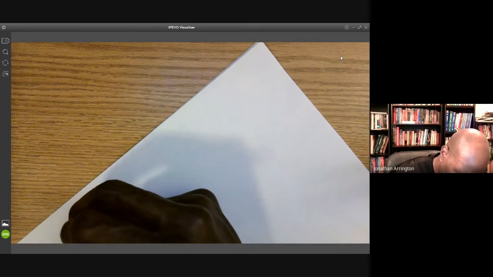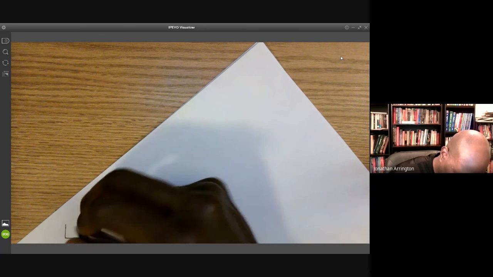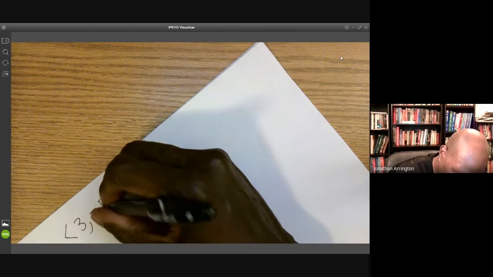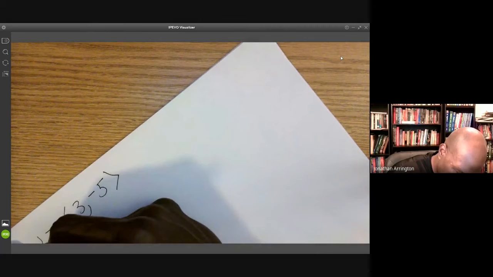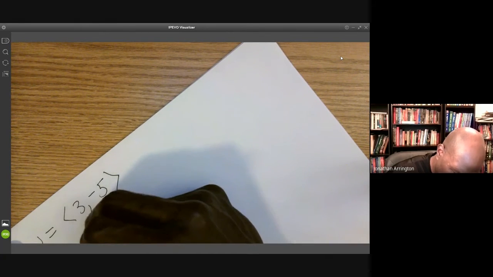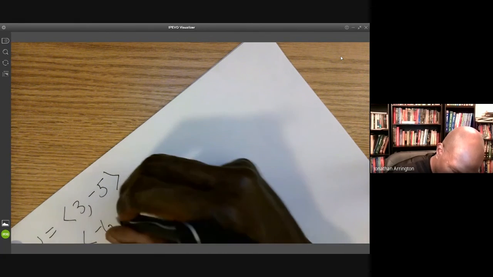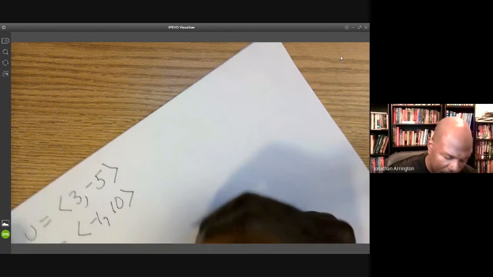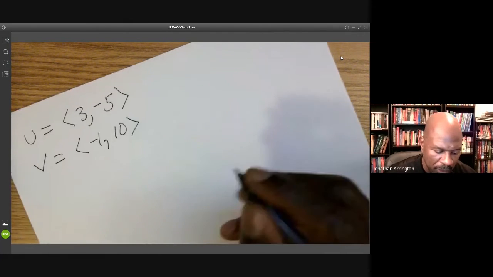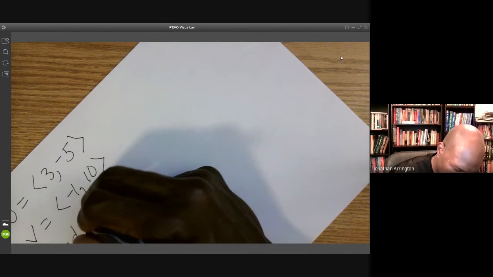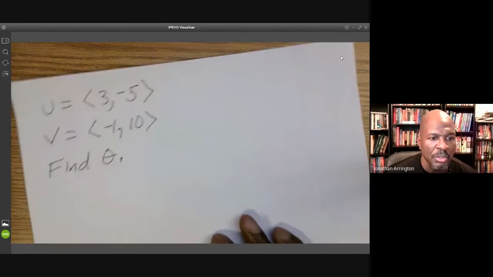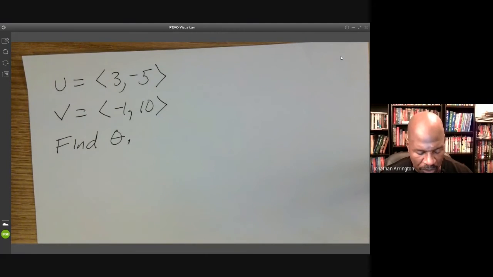So let's say vector u has components 3, -5. And let's say vector v has components -1, 10. And I'm going to find the angle between these two vectors. So I'm going to say find theta. But you and me understand theta means the angle between the two vectors.